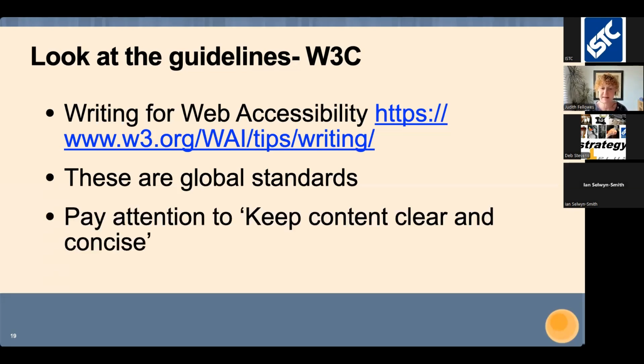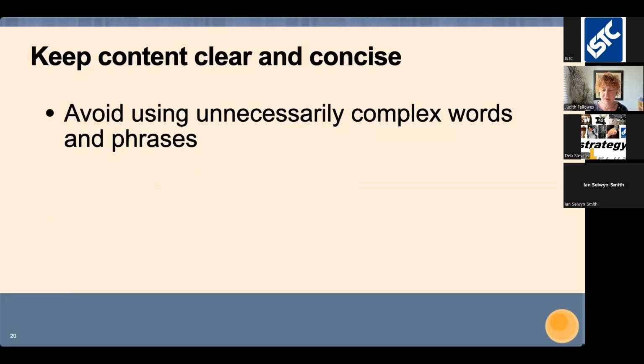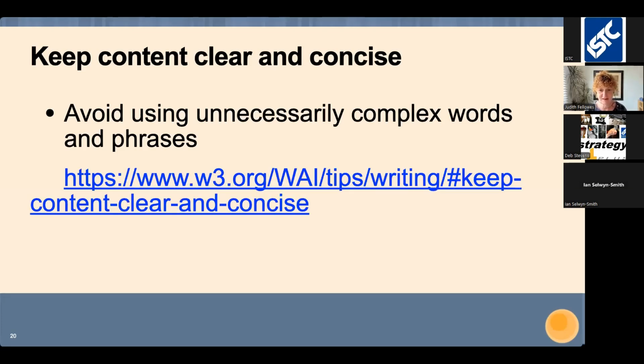I particularly point you towards the section that says keep content clear and concise. What they're saying is avoid using unnecessarily complex words and phrases, even if the author wants to show off that they know lots of long words. So go and have a look at all that.